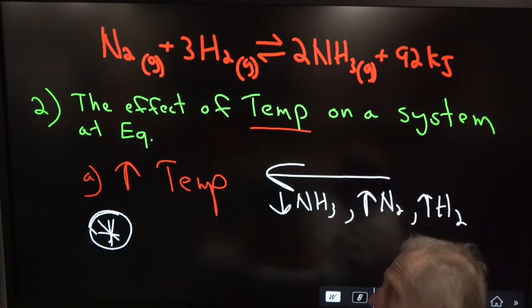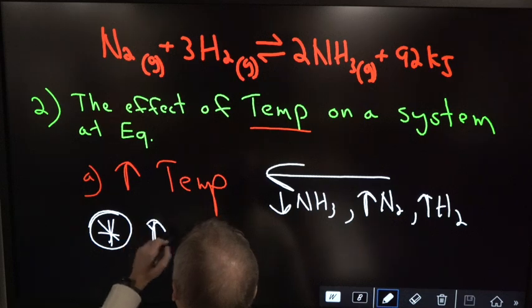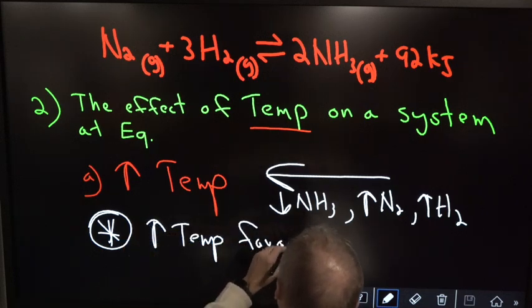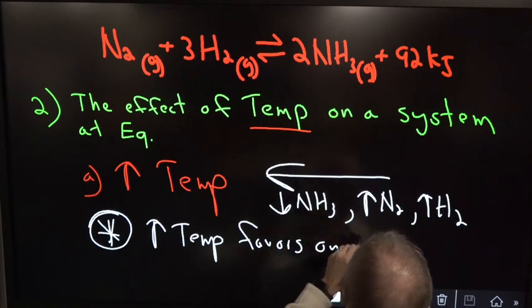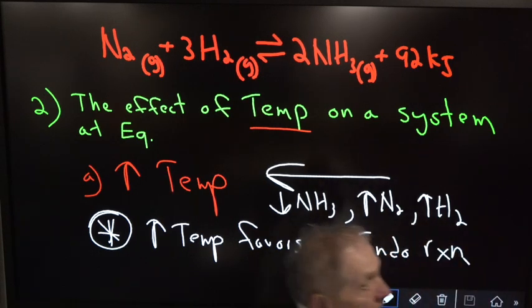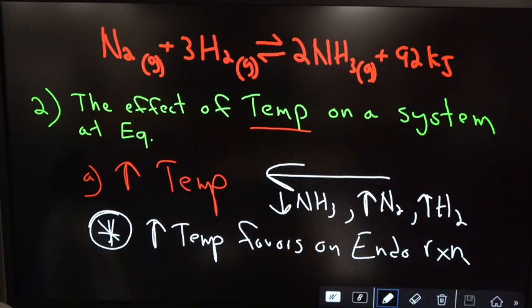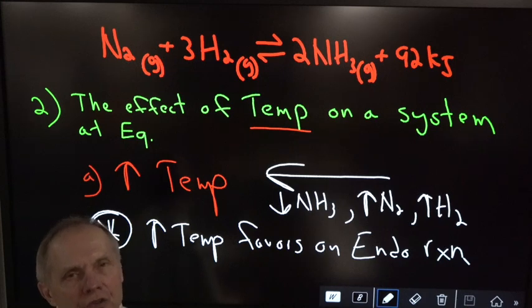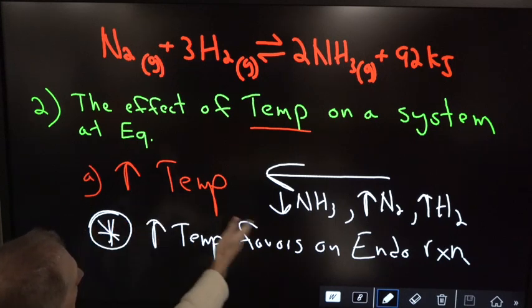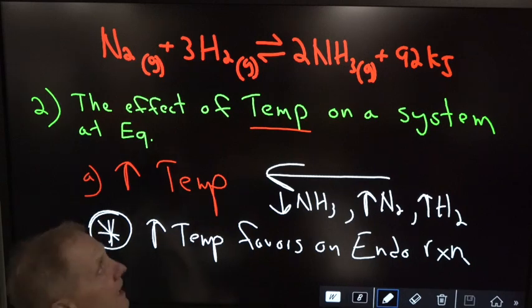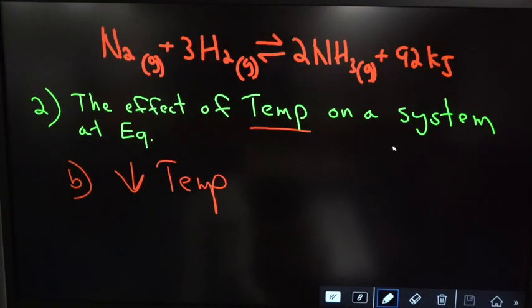So for asterisk, an increased temp favors an endothermic reaction. Okay, and remember, if the temperature's increased, the reaction will fire away from where the energy is located. So, if you know increase in temp, then obviously you're going to know a decrease in temp, and that'll be our second and final one for temperature.